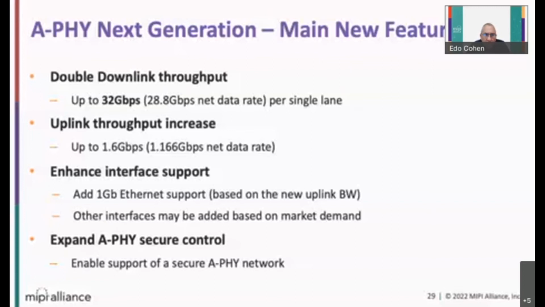If there is a 90% data rate available for applications, you get almost 29 gigabits per second of net application data rate for A-PHY based solutions.